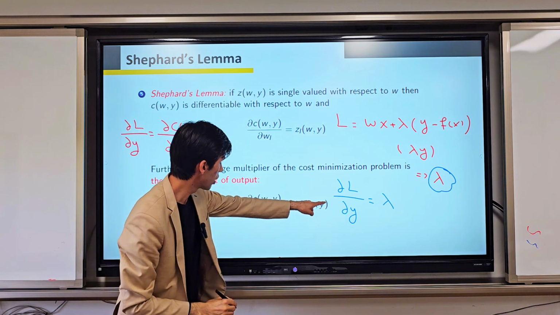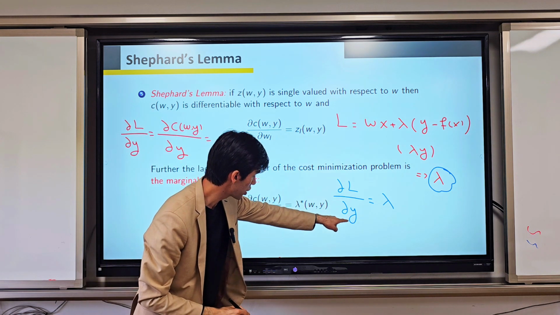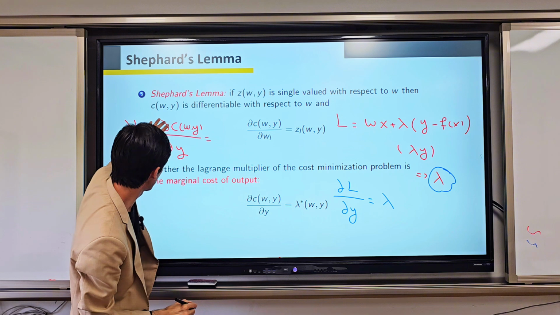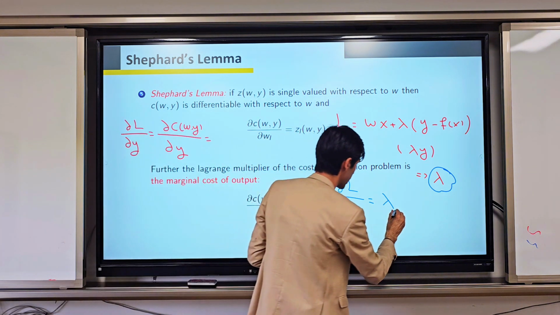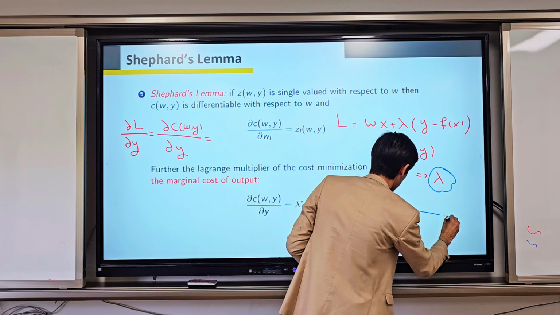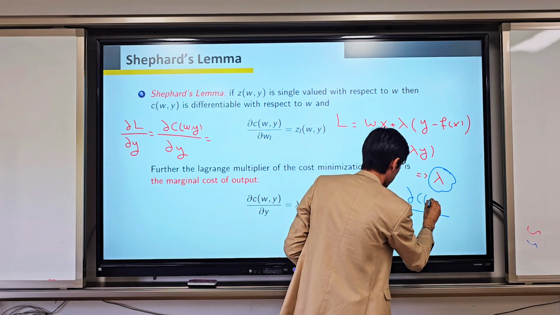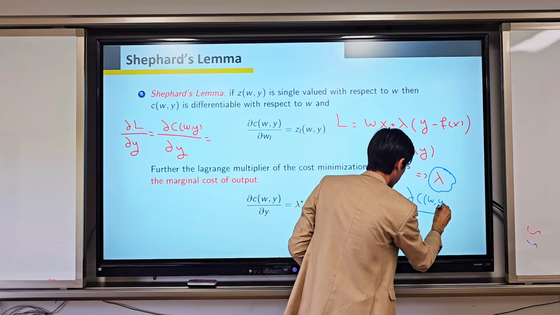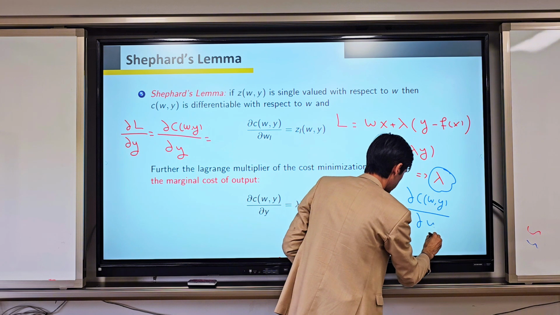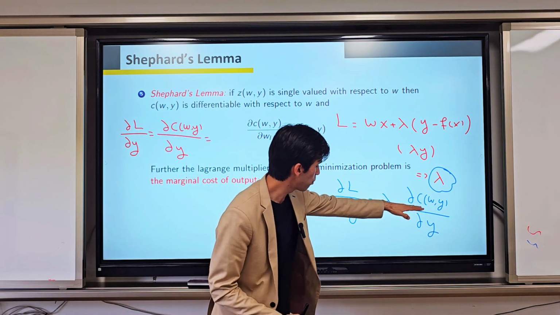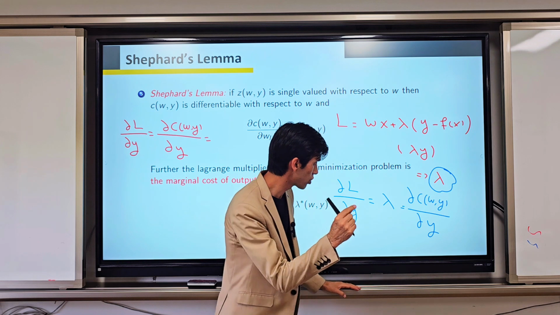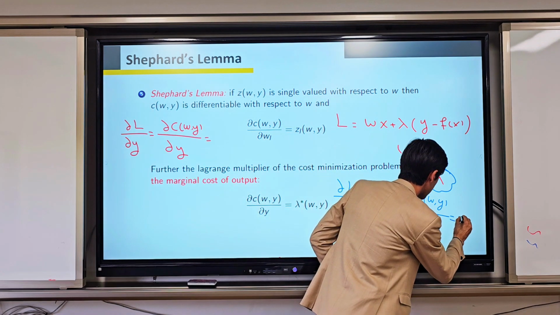And we also know that the partial derivative of the Lagrangian with respect to y is equal to the partial derivative of cost with respect to y. And we know that when we take the partial derivative of cost with respect to output, it will give us our marginal cost.